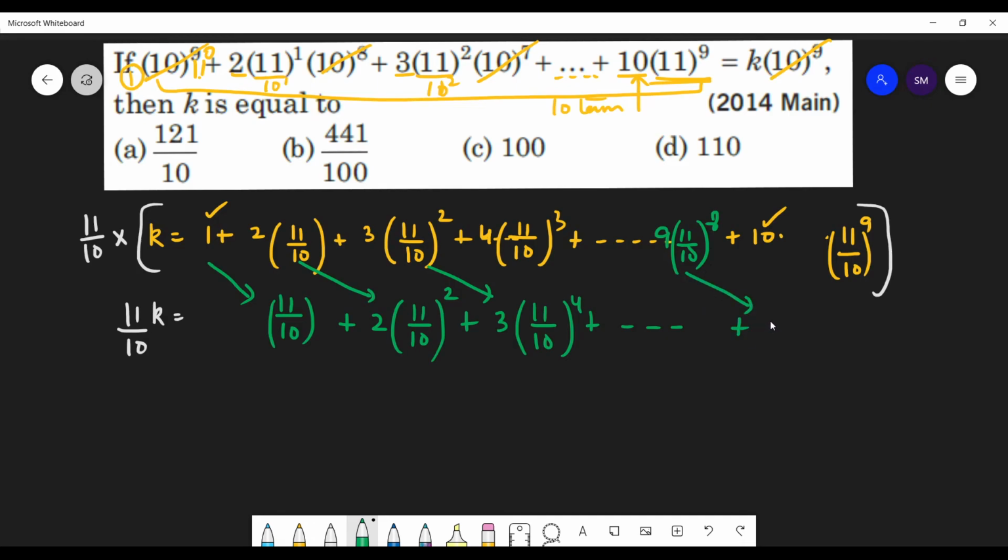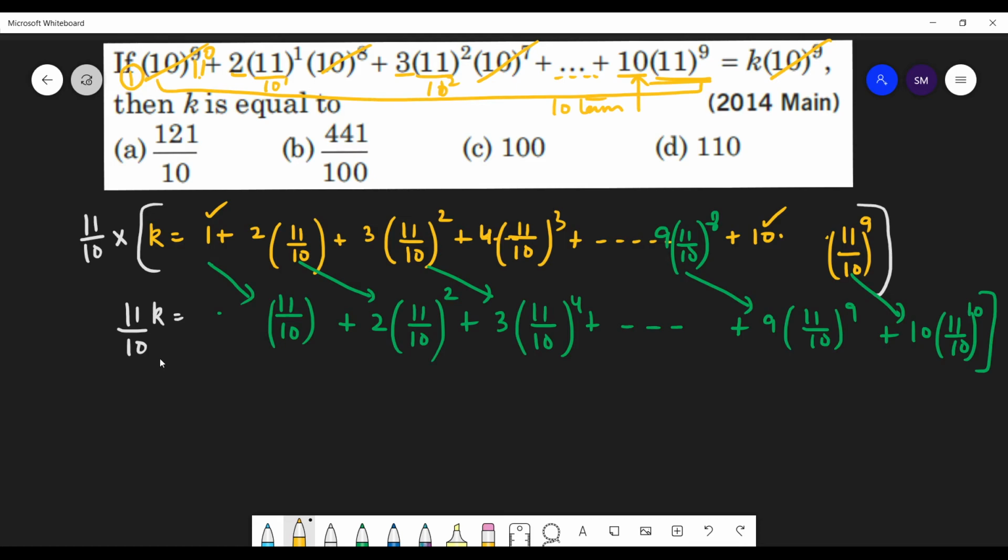What will it be? 9 into 11 upon 10 raised to the power 9, and then this term will come here. So this is the same as I have written earlier, but the only thing is I have shifted this term from here to here so that you clearly see it as a subtraction. Even if you have written like you have written earlier, that is also correct. Doesn't matter. Okay?